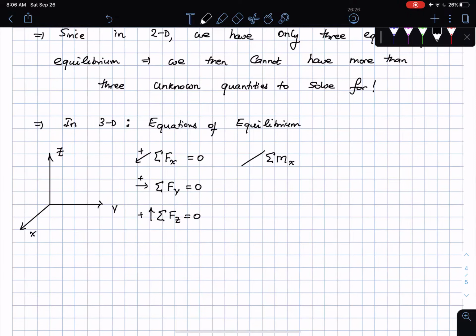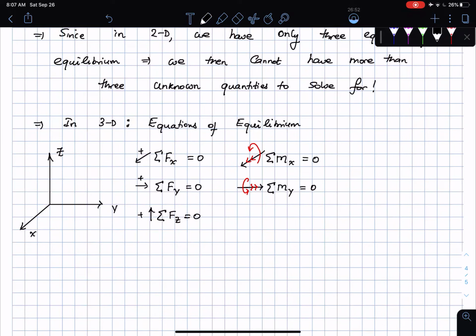Here is typically how I do it. I'm going to sum moments about the x-axis. All the moments that are counterclockwise about the x-axis are taken to be positive. Likewise, the sum of all the moments about the y-axis is 0, which means that all the moments that are counterclockwise with respect to the y-axis are taken to be positive.